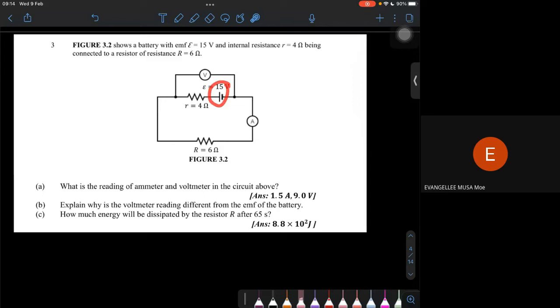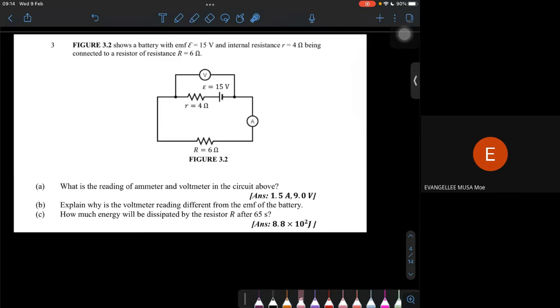So here is the battery, this one is the internal resistance of the battery, and this is another resistor. First question, we want to find the reading of the ammeter and voltmeter in the circuit above. The voltmeter is placed across the battery and the internal resistance, and the ammeter is here. So we want to find the voltage and the current in this circuit.